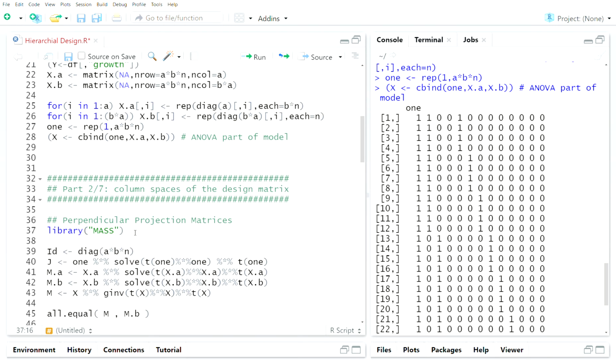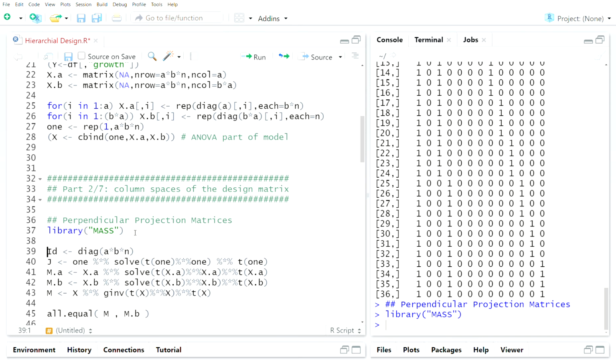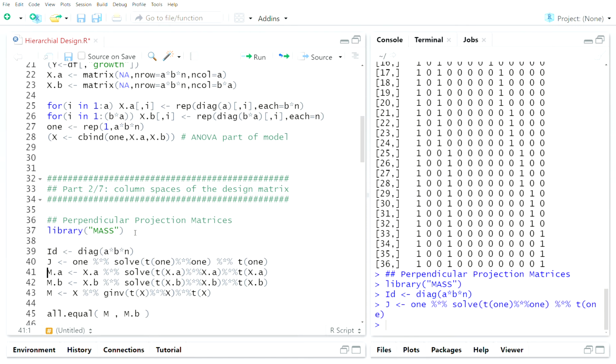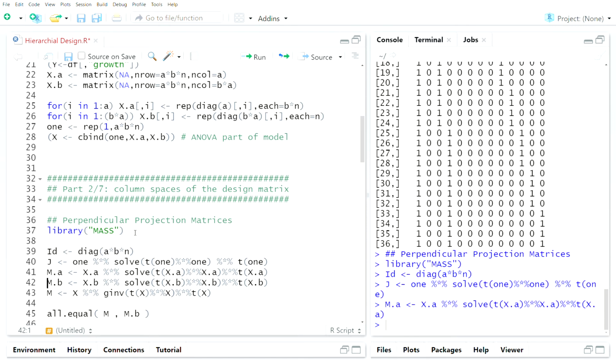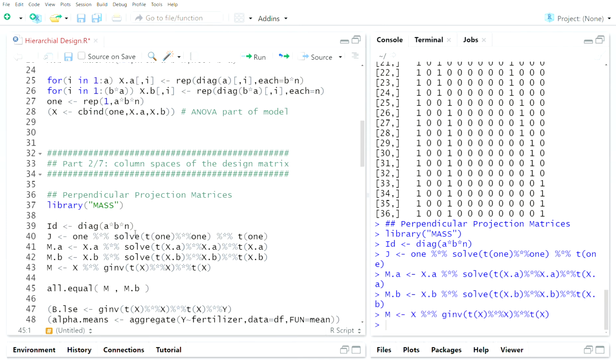Now we need to create the perpendicular projection matrices onto these column spaces. So we have the identity matrix, J, the perpendicular projection matrix on the column space of 1s, MA, MB, and M. M is a perpendicular projection matrix on the whole column space. But it turns out the column space of factor B is equal to the whole column space.